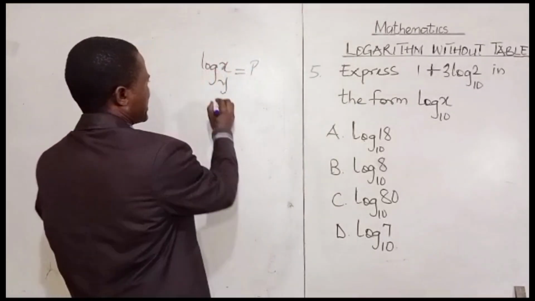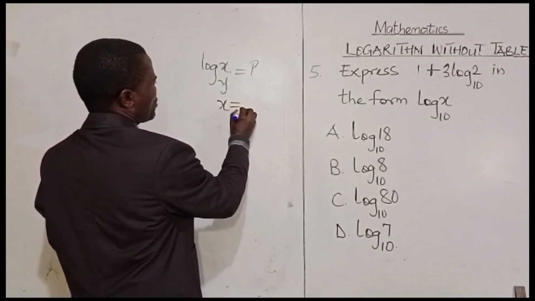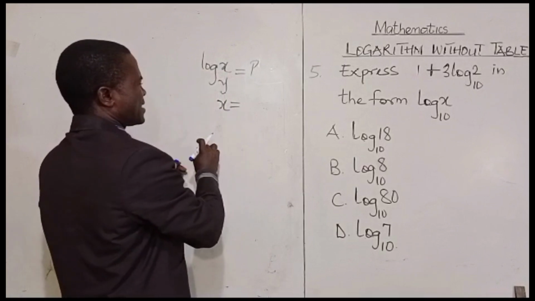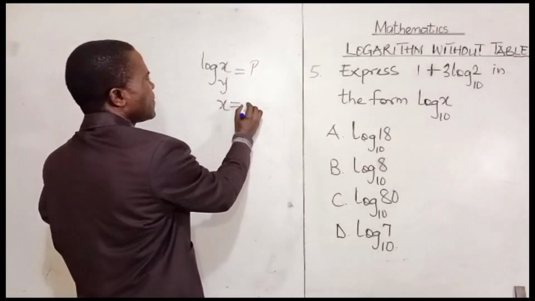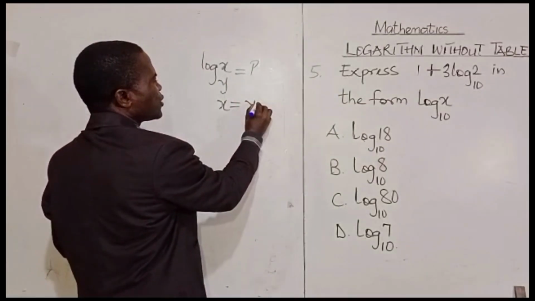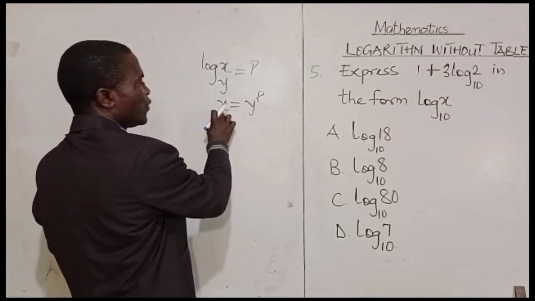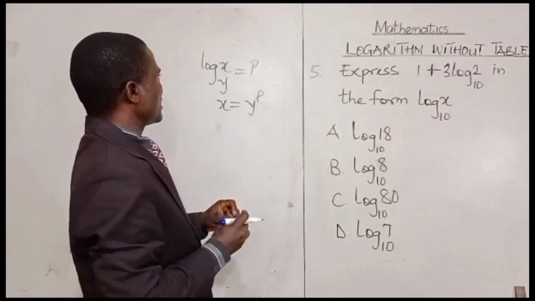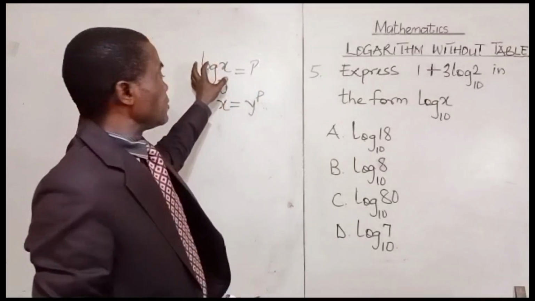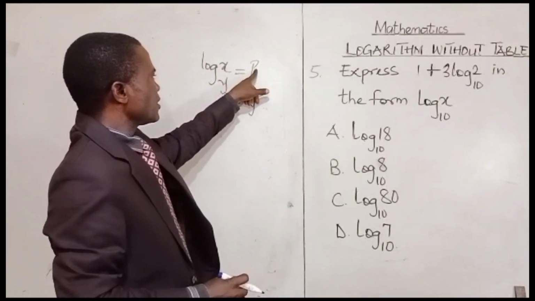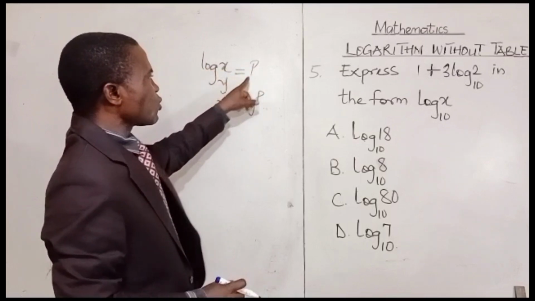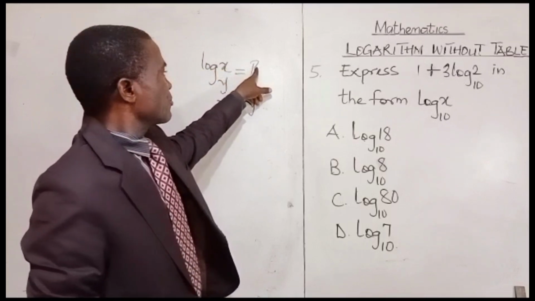That is to say, the logarithm of a number x to base y is the power p to which y must be raised to give us the value x. So in logarithm, y must be raised to the power of p. That is what the logarithm is saying.